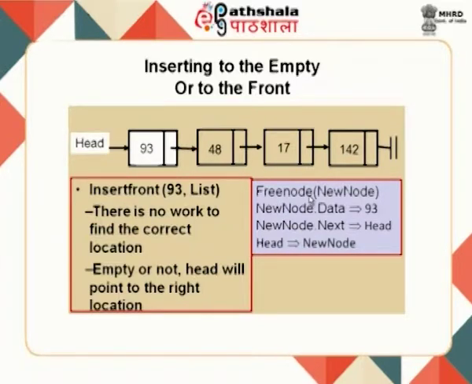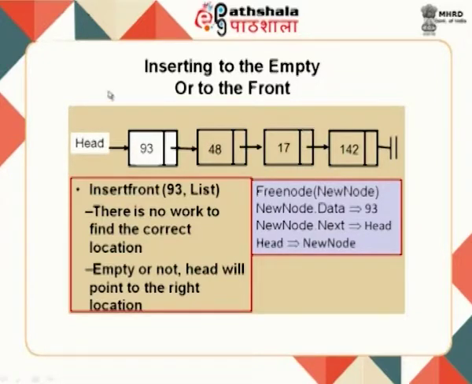I call the function free node to create a new node. In that new node, I put new node dot data equal to 93, and new node dot next to point to the previous head. The head was initially pointing to this, and now I update the head to point to the new node. That is it as far as insertion in front is concerned, no movement, nothing.